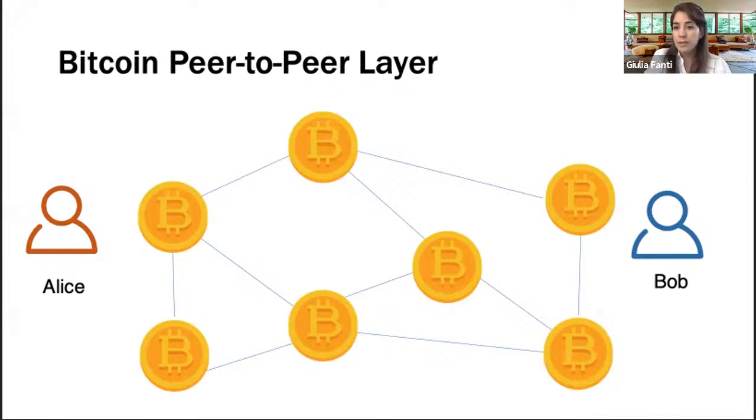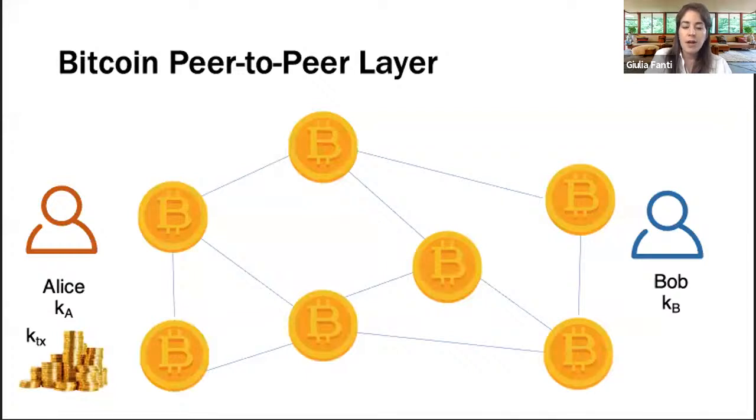Now, users of this network, like Alice and Bob, have multiple identities. The first identity that they have is a public key that identifies them. Okay. In addition to that, transactions have public keys that identify them as well.